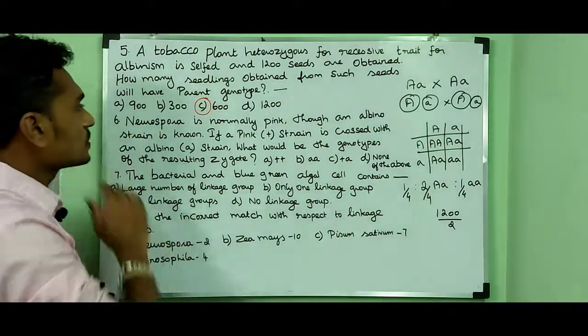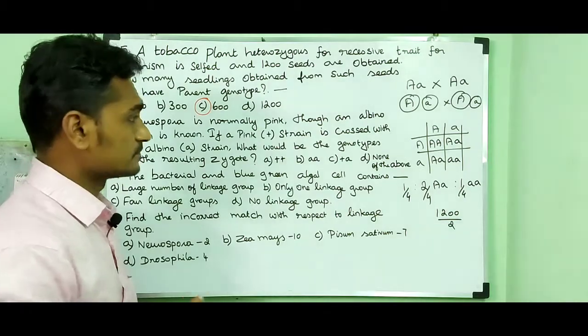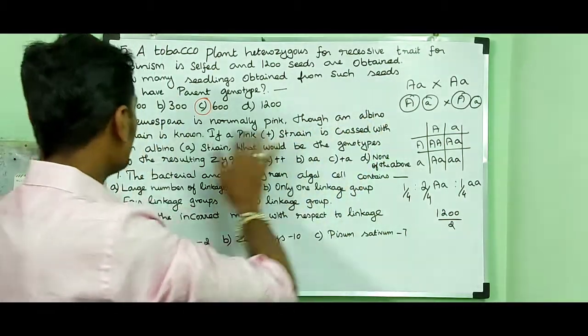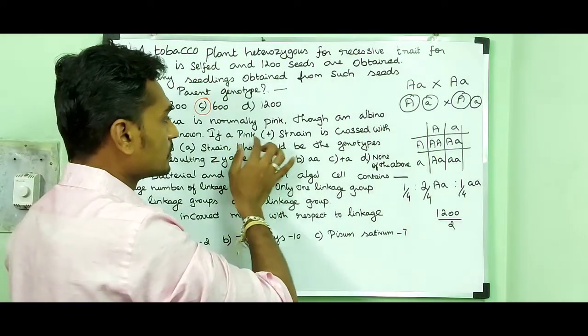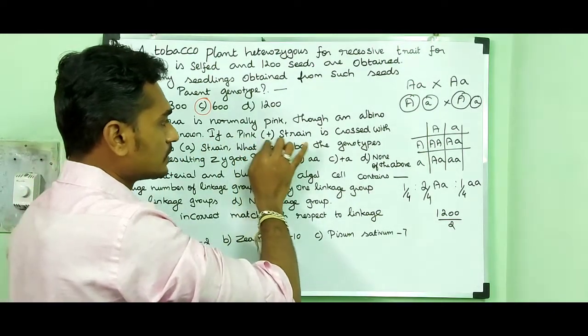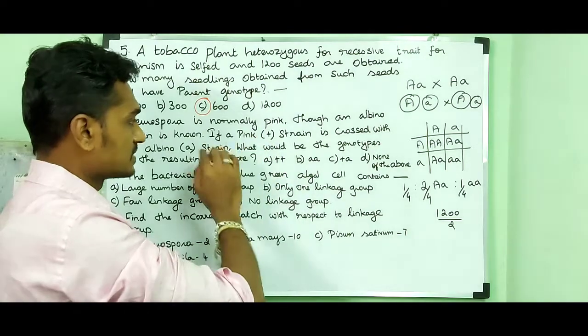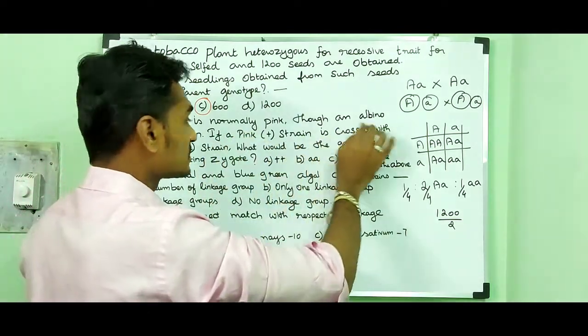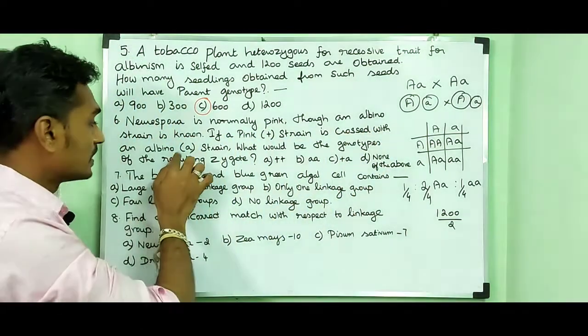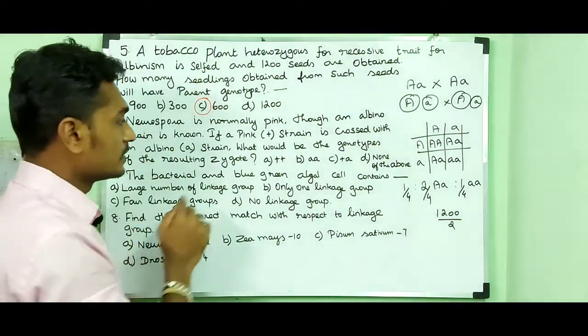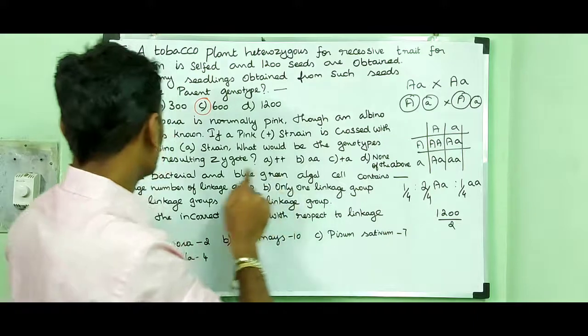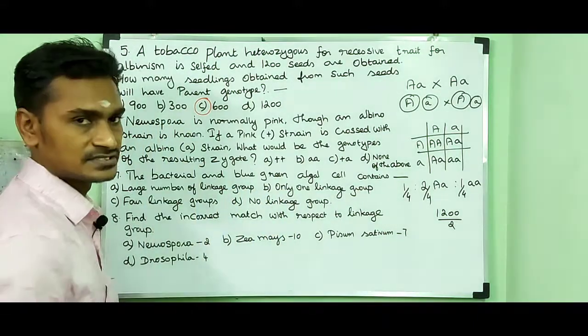Then, Neurospora is normally pink, though an albino strain is known. For the pink strain they have mentioned the plus symbol. If a pink strain is crossed with an albino, and the albino strain is mentioned with small a, what would be the genotype of the resulting zygote?